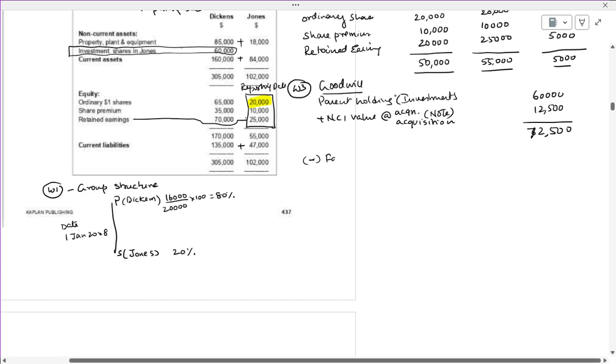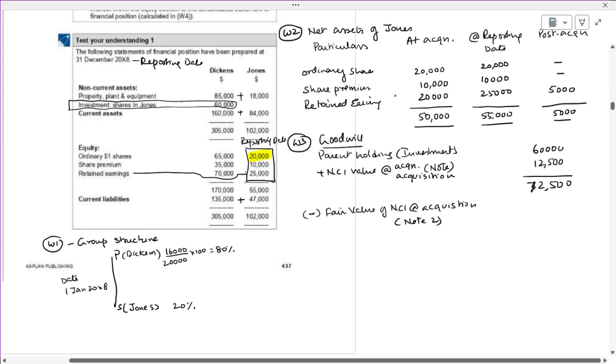Minus the fair value of net assets at acquisition. From where are we taking this? We will take it from note 2.